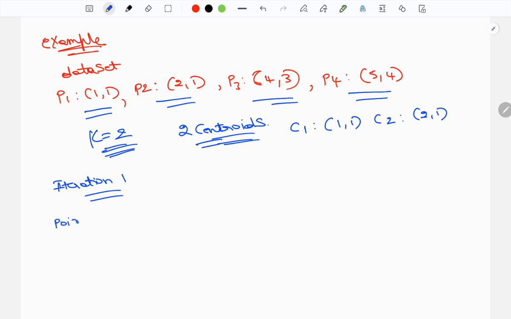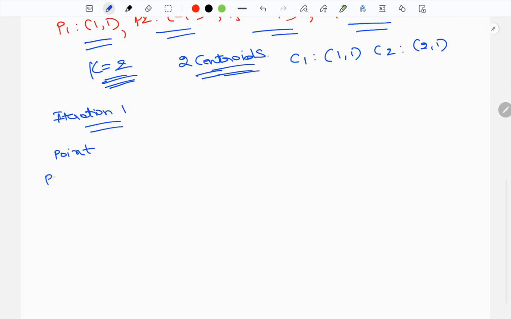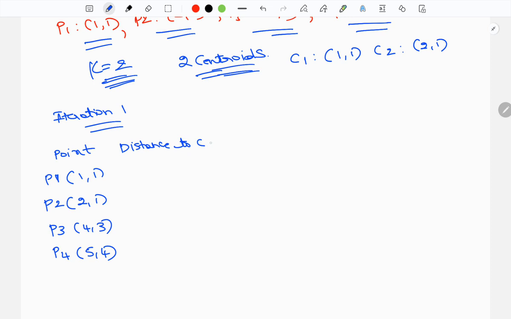The first thing we have to consider is the different data points: p1, which is (1, 1), p2, which is (2, 1), p3, which is (4, 3), and p4, which is (5, 4). Next, we find the distance to C1, centroid 1, which is (1, 1), and the distance to C2, which is (2, 1). The last column is the assignment, our cluster.